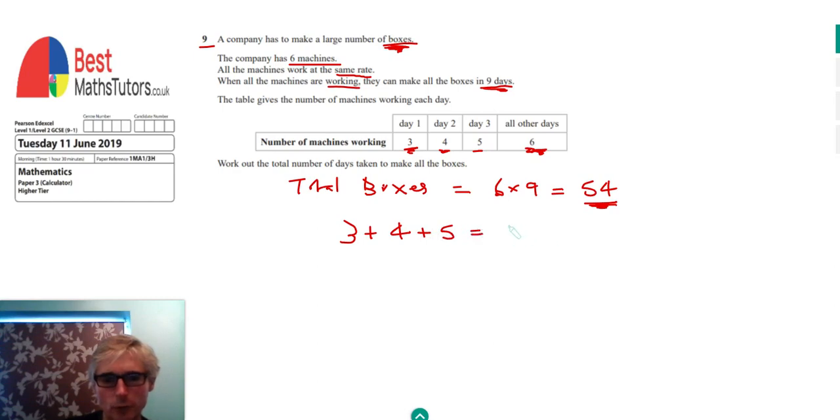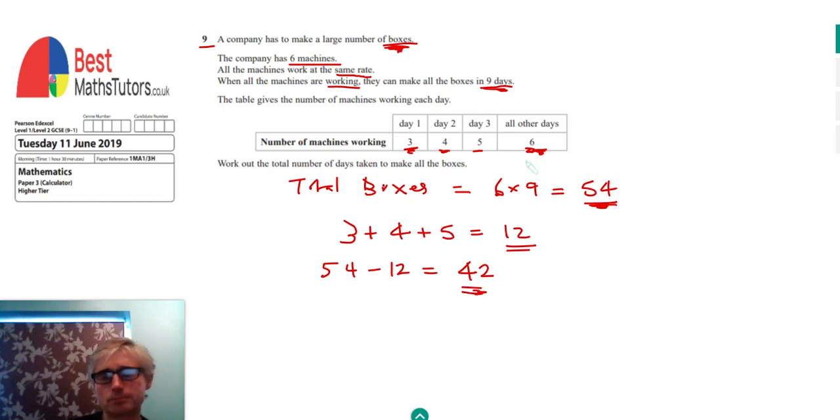So we could make 12 boxes in our first 3 days. If we subtract that from the 54, so 54 minus 12, then that will tell us how many more boxes we'd have to make after the first 3 days. So we can see we have 42 boxes remaining to make.